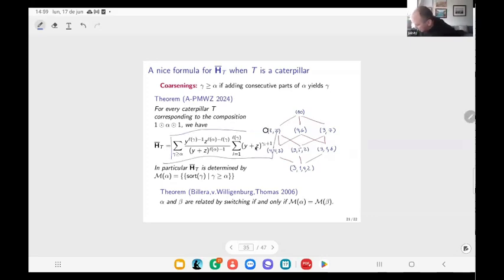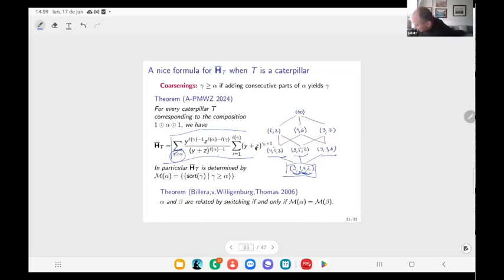What is important about this closed formula is that it's given in terms of coordinates of my composition alpha. So for instance, if I get 314 as a composition, I get 442 because I add the 3 and the 1. I get 352 because I add the 1 and the 4. I get 316 because I add the 4 and the 2, and so on. So I get the whole lattice of coordinates, and then I sort.